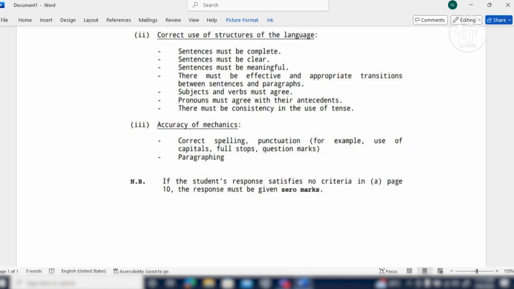Now, subject and verbs must agree. This is really and truly a sore point. Subjects and verbs must agree. Agreement of verb and subject, this is usually brutalized in the examination.